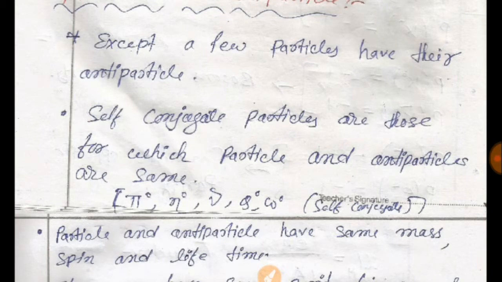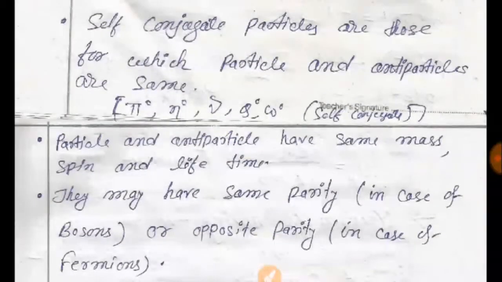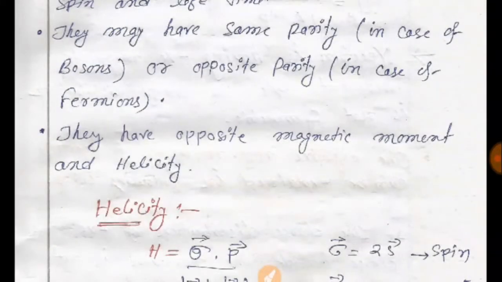Particle and antiparticle have the same mass, spin, and lifetime. They have the same parity if they are bosons, and opposite parity in the case of fermions. Similarly, they have opposite magnetic moment and helicity.